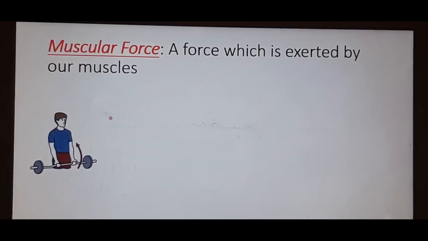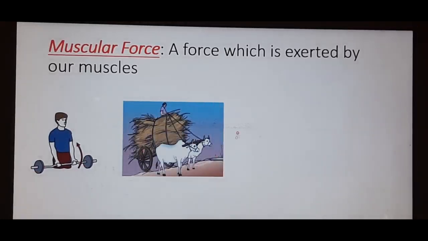See, this person is doing weightlifting. He is using his hands, which means the muscles of his hands are being used, due to which he is able to lift this dumbbell. Second one, the bullocks are dragging this cart with the help of their muscles.